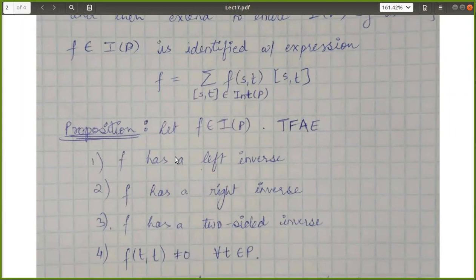So these conditions in some sense tell me what I should expect from here, but the main crux of this particular proposition is the equivalence of these two conditions, that f has a two-sided inverse if and only if f of TT is non-zero for every t in P. So this is what we quite often use later.